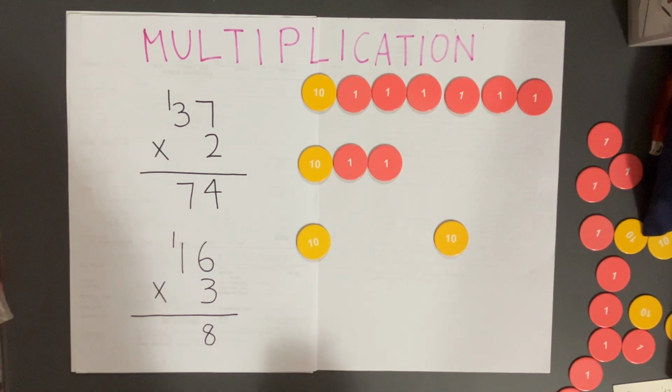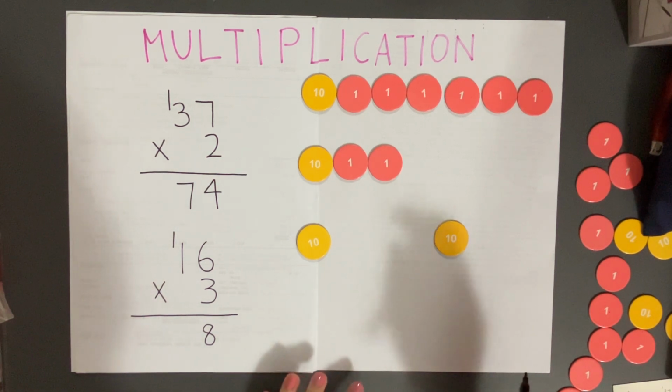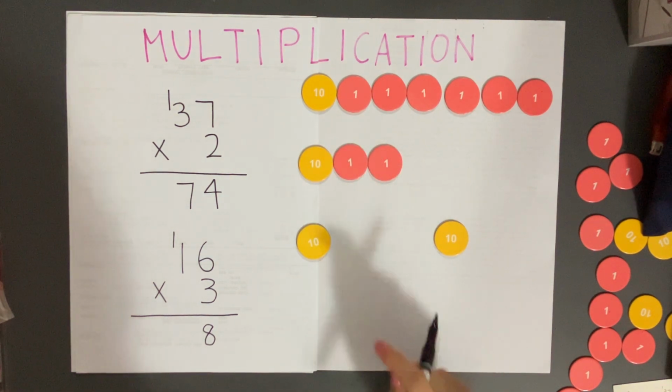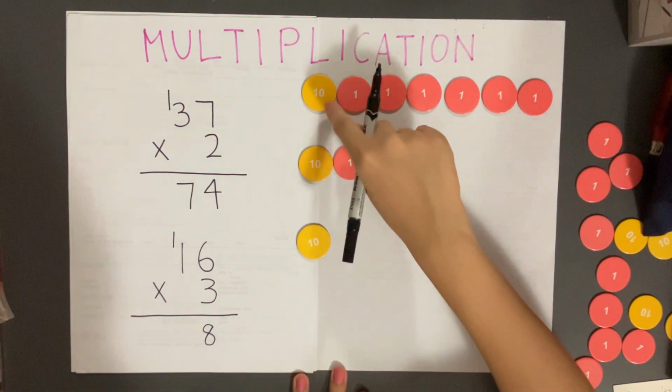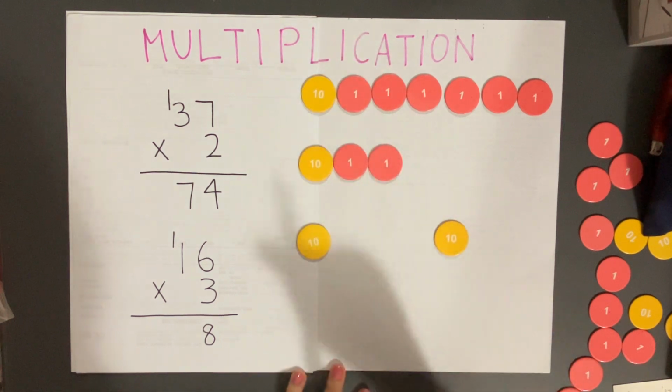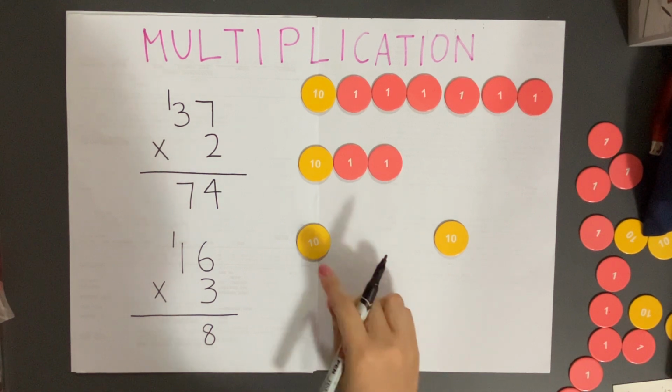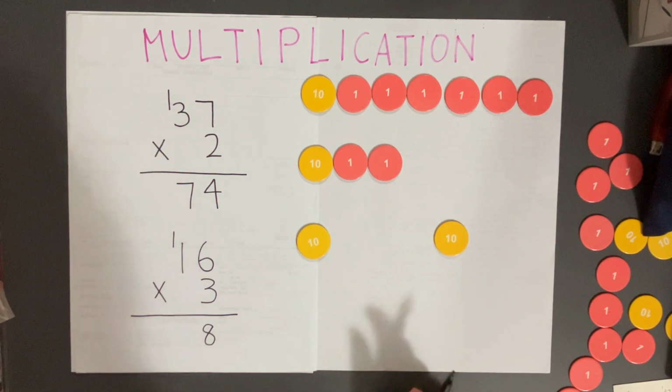Next, I need to look at the tens. So I have 1, 2, 3, 4 tens. How did I get 4? I take my original 1 ten times 3, which is 3 tens, and then I add one more 10, which gives me 4 tens.